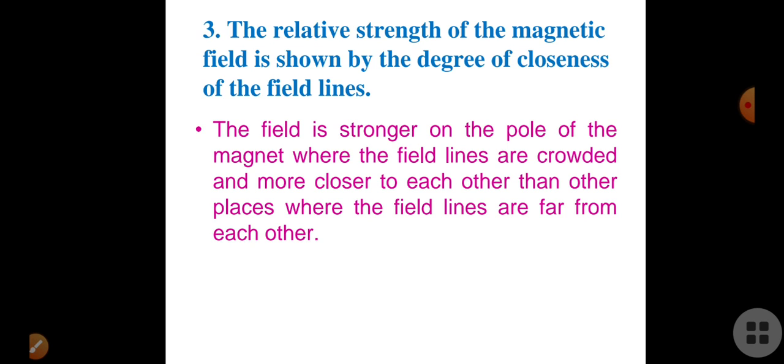The magnetic field is stronger at the poles of the magnet, and it becomes weaker at the center of the bar magnet. When we do the activity with the help of iron filings, we will see that the maximum iron filings are attracted and stuck on the poles of the bar magnet, and very few at the center of the bar magnet.